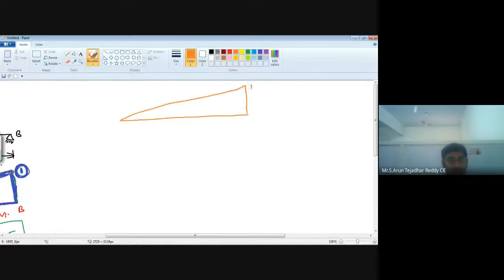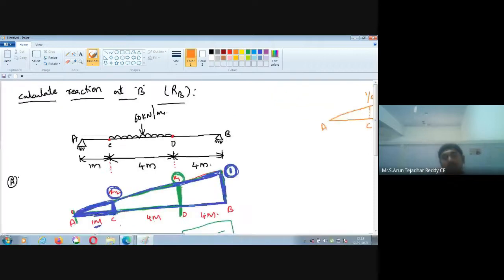This is 1, A, B. Here it is C, here it is D. Where our x1 value is 5 by 9 and x2 is 1 by 9. But you need to observe from here onwards.